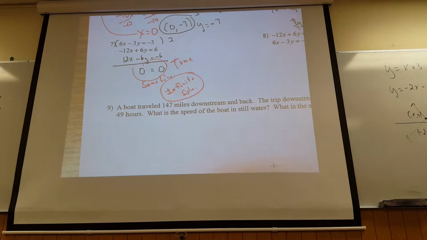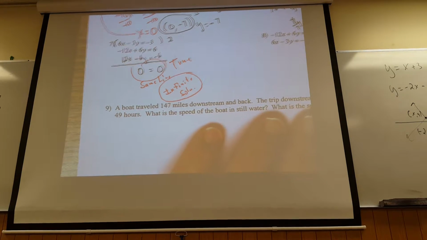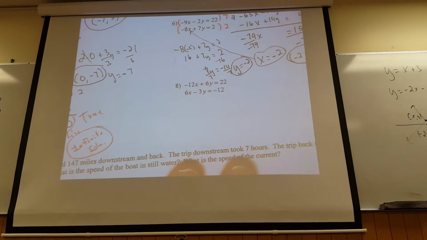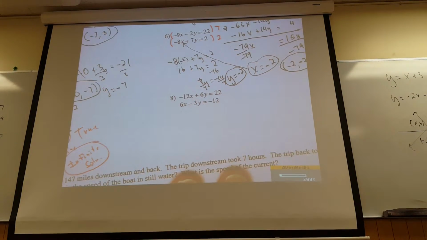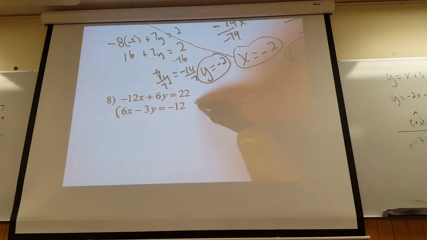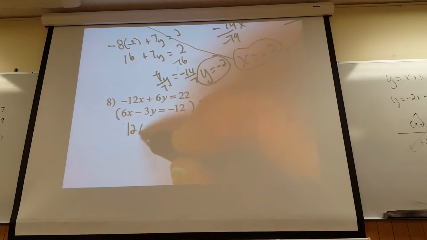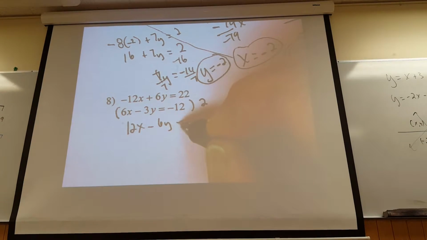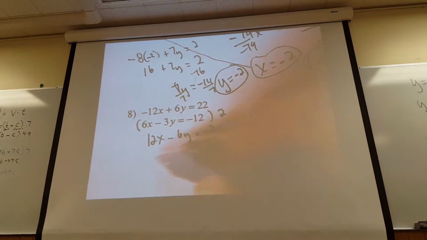Okay? So if we take a look at number 8, the snowman problem, okay? When I times the bottom by a 2, I get 12x minus 6y equals negative 24.